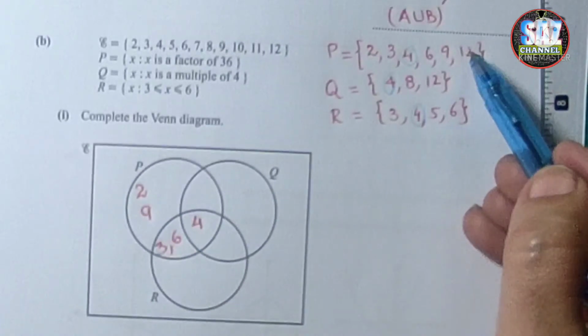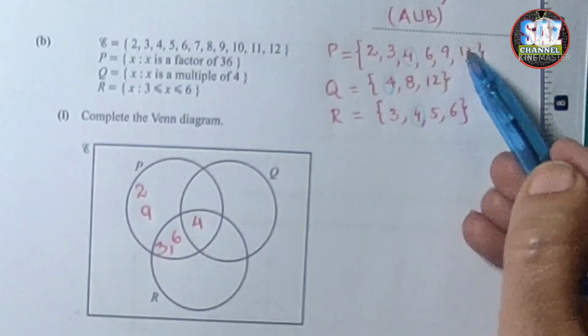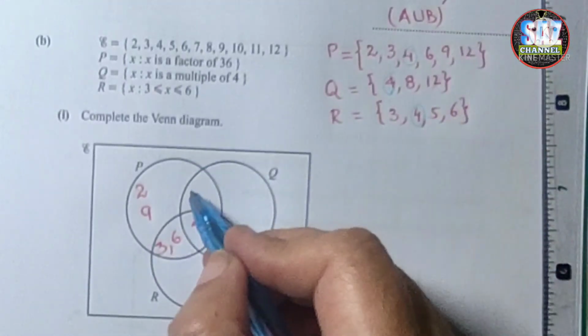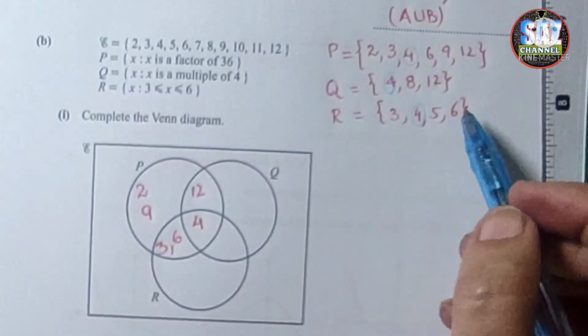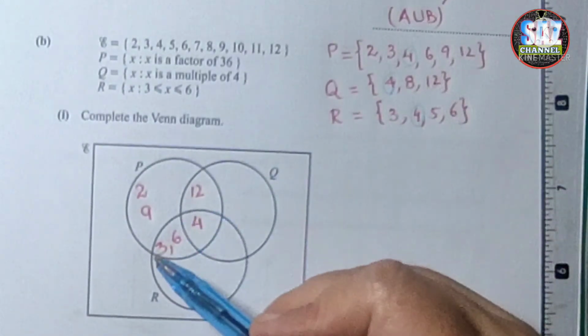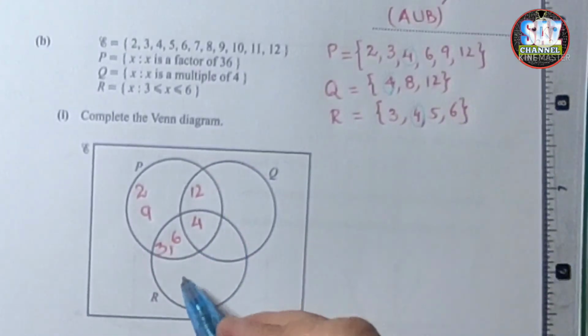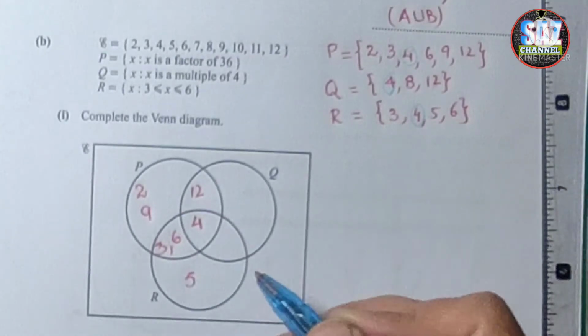And let's talk about 12. 12 is coming in P and Q, intersection of P and Q. It's a common element, so 12 will be at this place. 3 is done, 4 is done, 6 is done, and 5 will be over here only, the single element that is coming.